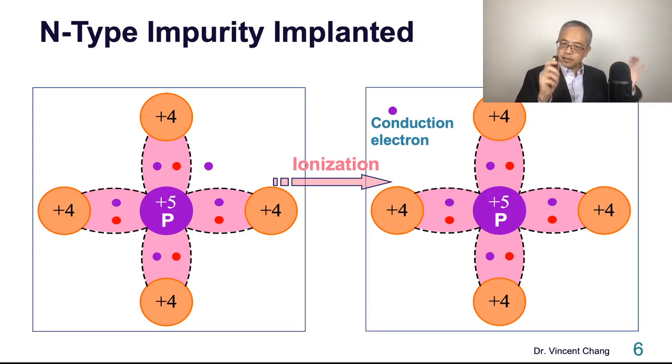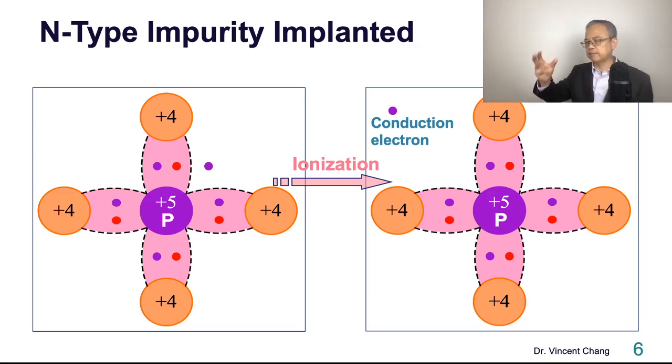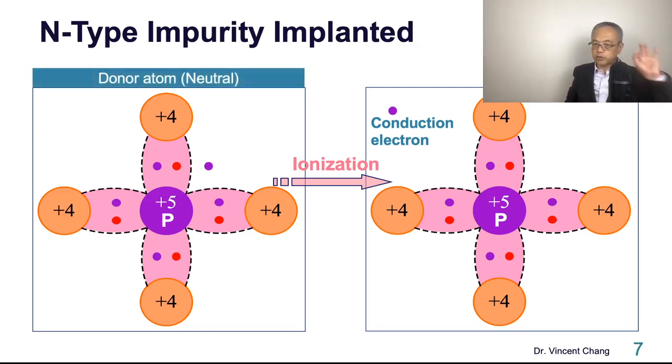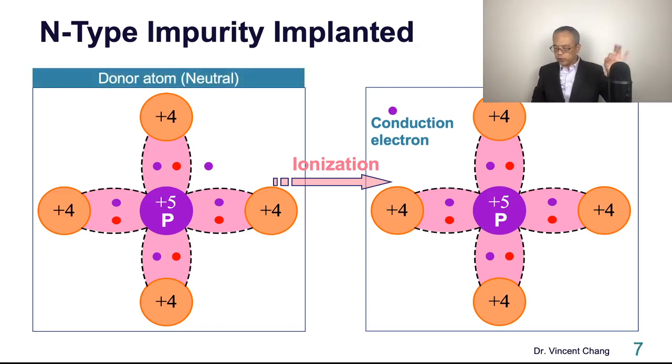So this tells us the parent, the phosphorus, donates an additional conduction electron to the material system. So this phosphorus is called the donor. Remember, the donor atom is neutral.